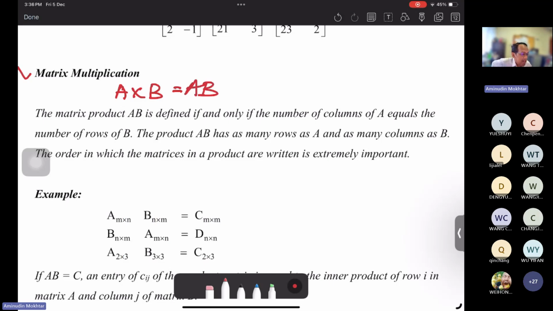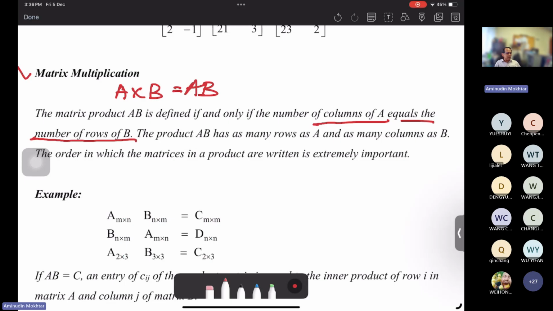The first matrix is A times the second matrix B. Please remember this: the number of columns of the first matrix, A, must equal the number of rows of the second matrix, B. The product has as many rows as A and as many columns as B.